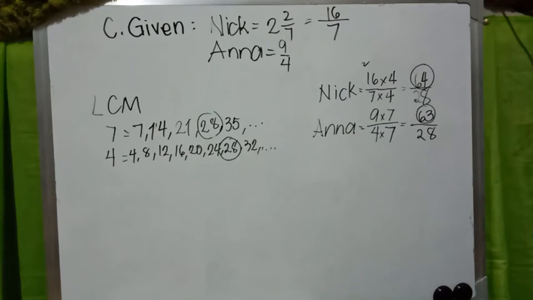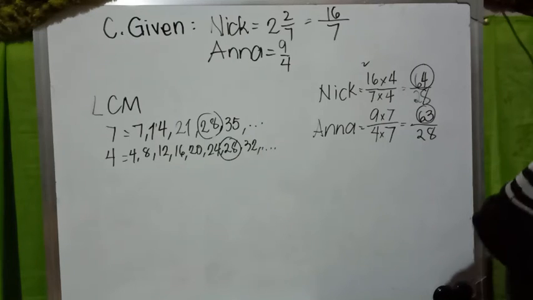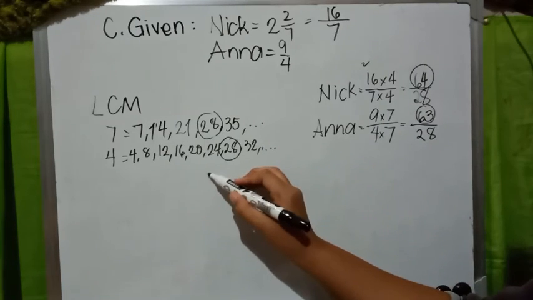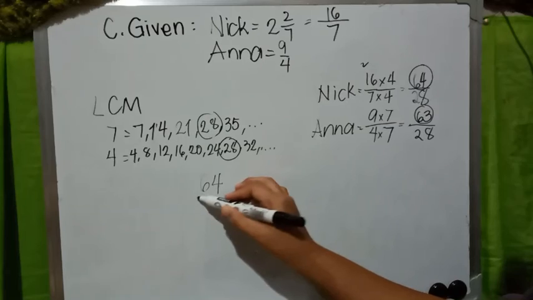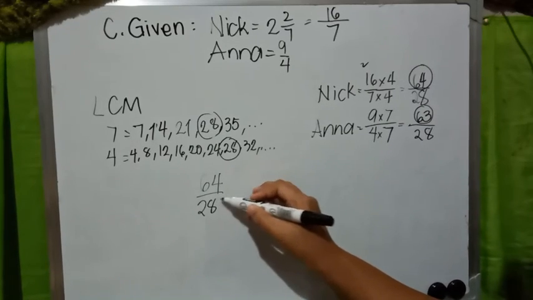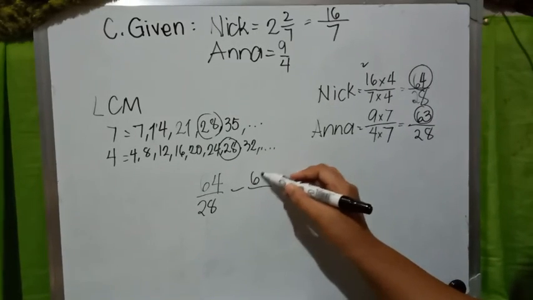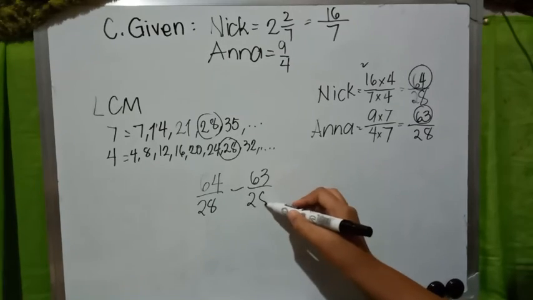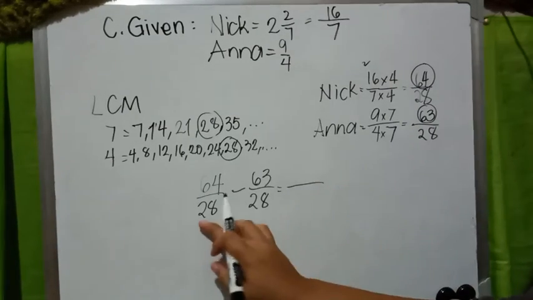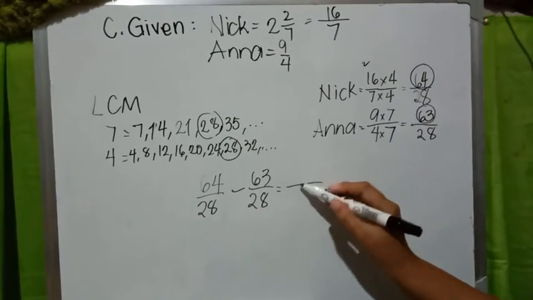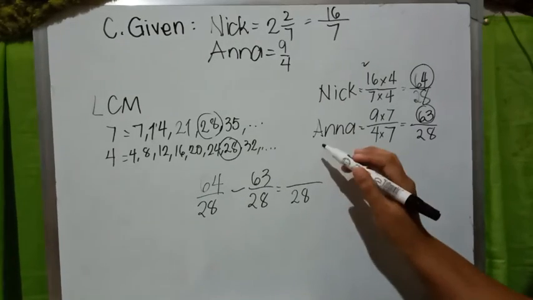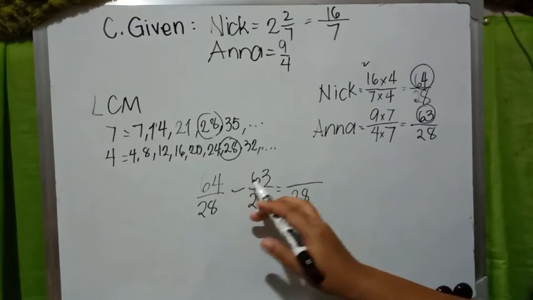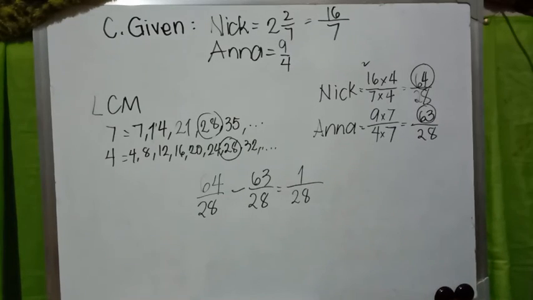But then there is a question, by what fraction? When you say by what fraction, we need to subtract. So we have here 64/28 minus 63/28. So we subtract directly because the denominators are the same. So 64 minus 63, that is 1.